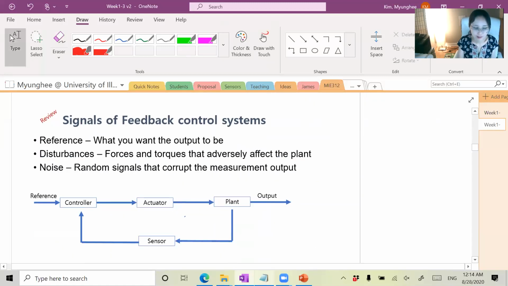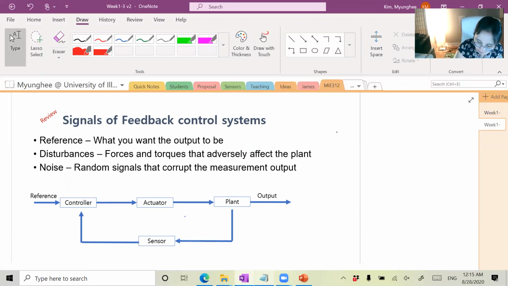And there are also signals such as reference, what you want the output to be, such as desired speed, desired torque, or desired angle. And disturbance is forces and torques that affect the plant, that influence plant dynamics.